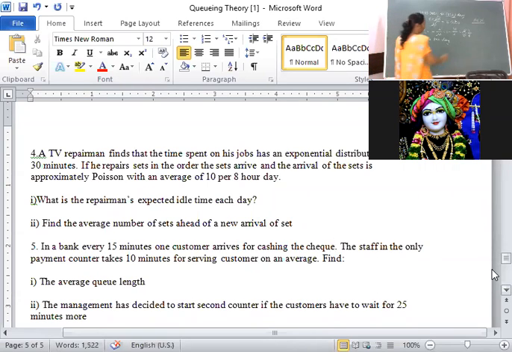That is rho naught into number of hours working per day. That is how many hours? 8 hours. 3 upon 8 into 8. Finally, we will get 3 hours. Per day, among 8 hours he works, how many hours is he free? 3 hours. The answer is 3 hours.